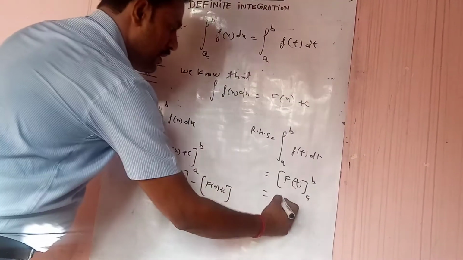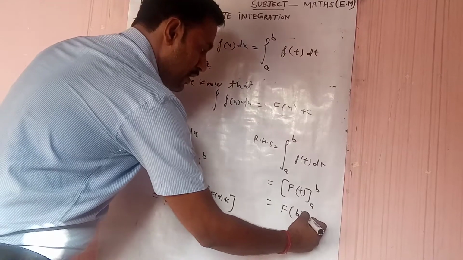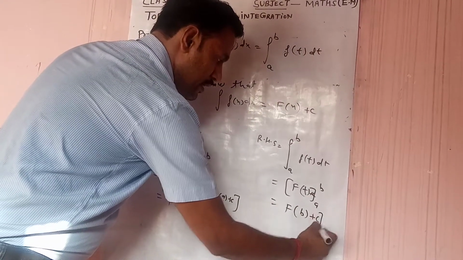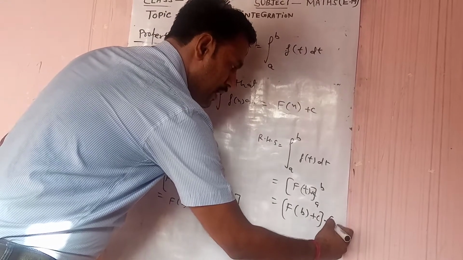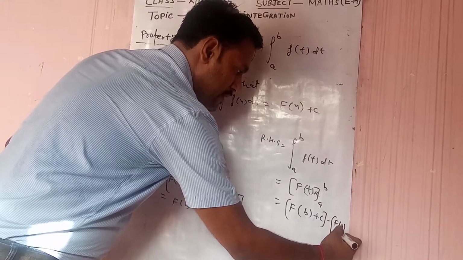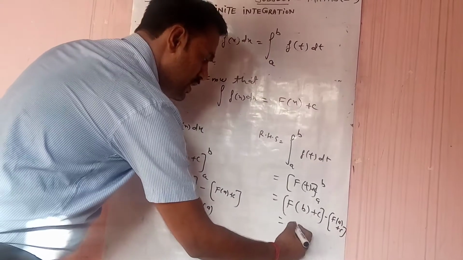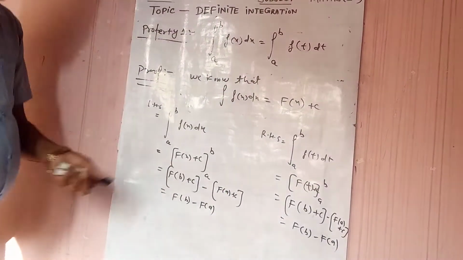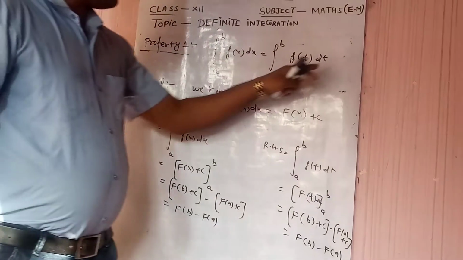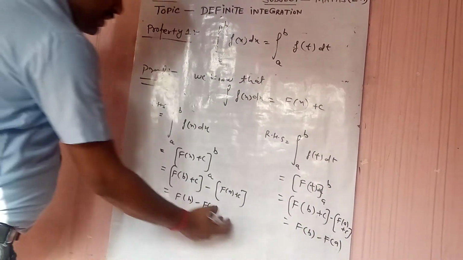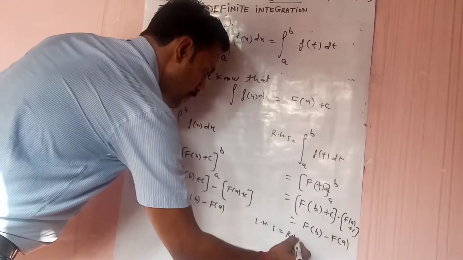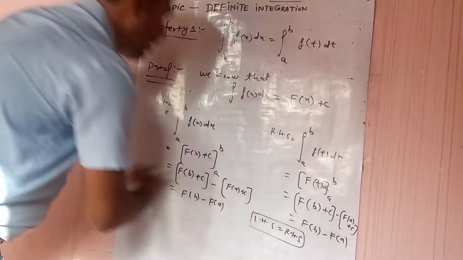Now apply the limit: upper limit first, F(b) plus c, then minus lower limit F(a) plus c, then c cancelled. This gives F(b) minus F(a). So you see that the value of LHS is the value of RHS: F(b) minus F(a), F(b) minus F(a), LHS equals RHS. Hence proved property number 1.